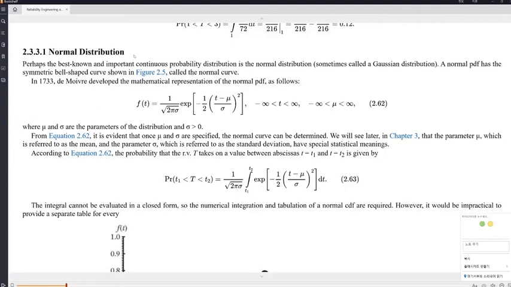The first example would be the normal distribution, and most of you are somewhat familiar with this function. You could see there are many. I mean, this normal distribution is widely used in statistics, and it is also called the Gaussian distribution.